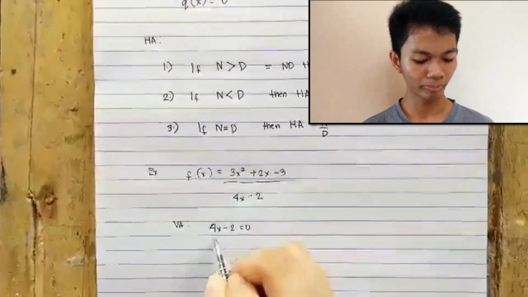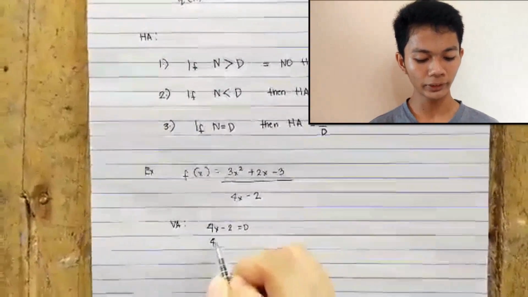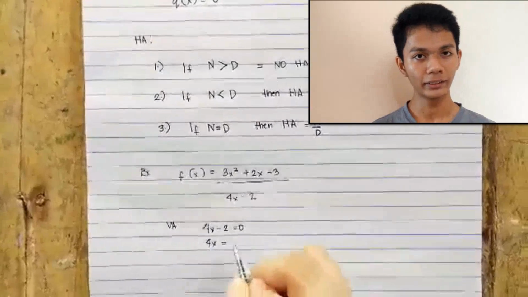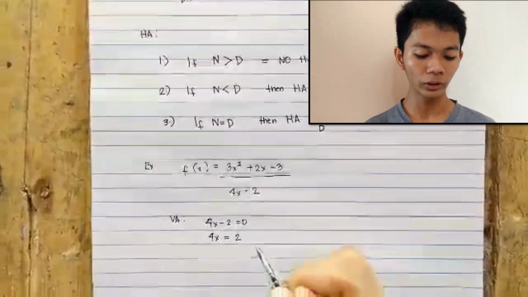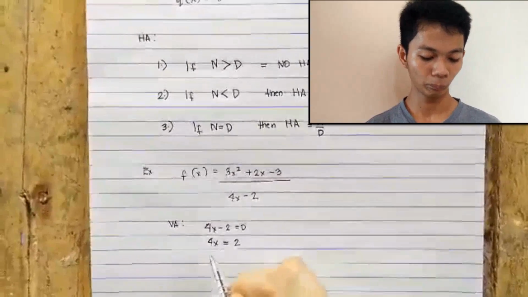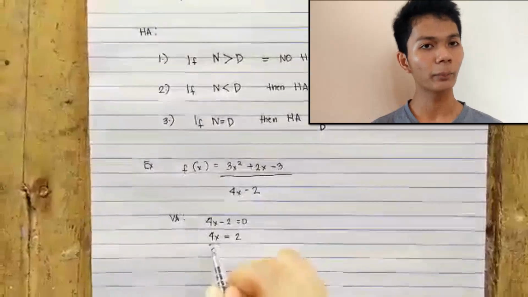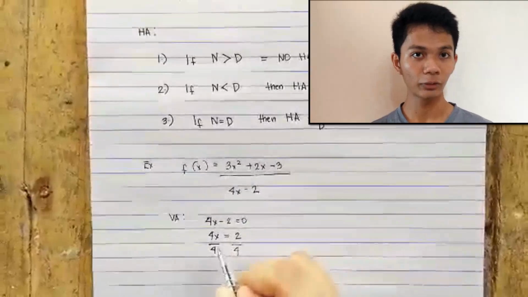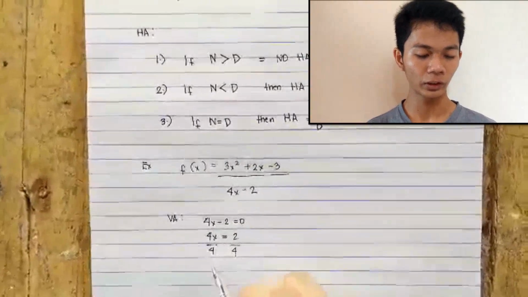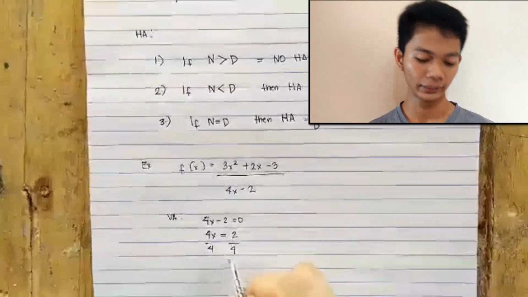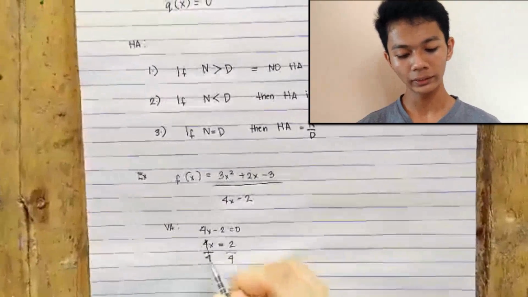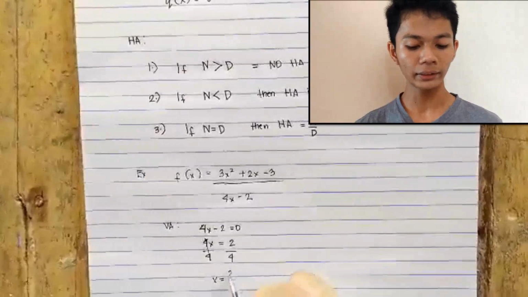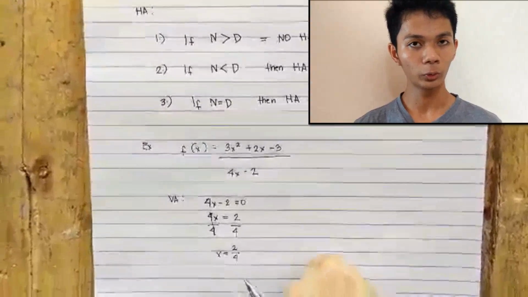First, let's transpose 2 to the other side so that only 4x will remain. After that, let's divide both sides by 4 because 4 is the coefficient of x and we only want x. So that would be x equals 2 over 4.